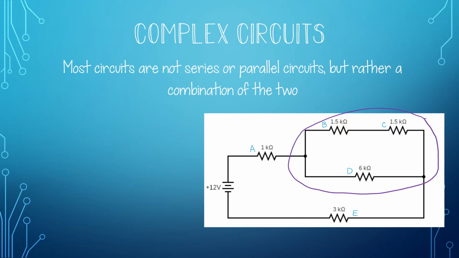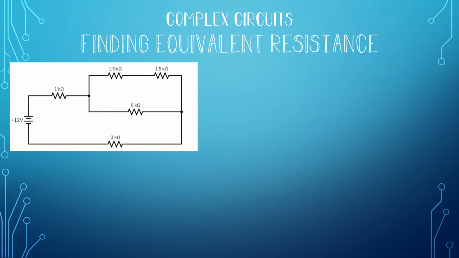So keeping in mind that B and C are in series with each other, we're going to go through the steps that it takes to find the equivalent resistance of our circuit. I'm going to go back and label these resistors as I had them labeled on the previous slide. A, B, C, this was D here, and this was E. The first thing I'm going to do is recognize that B and C are in series with each other, as previously mentioned.